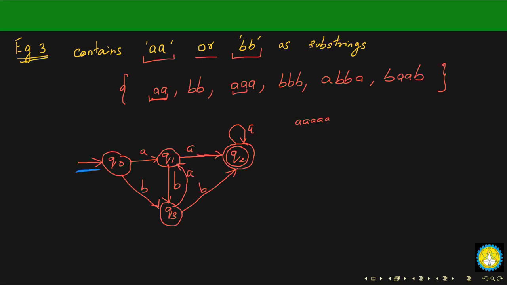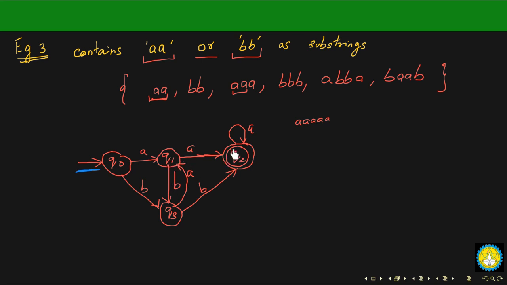Let's now look at whether all the transitions have been completed. From Q0, you have transitions for A and B. That's okay. From Q1, you have a transition for A and for B. That's good.